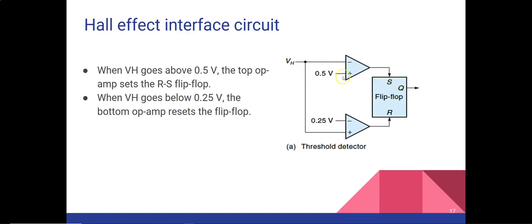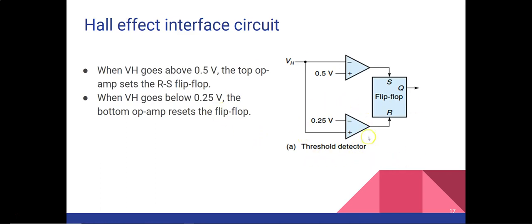So here, when the Hall effect voltage is greater than 0.5 volts, the top comparator will set the SR flip-flop, whereas if the Hall effect voltage is below 0.25 volts, the bottom op-amp will reset the flip-flop. So this is how you can use the Hall effect with the interface circuit, and this circuit is an example of a threshold detector.